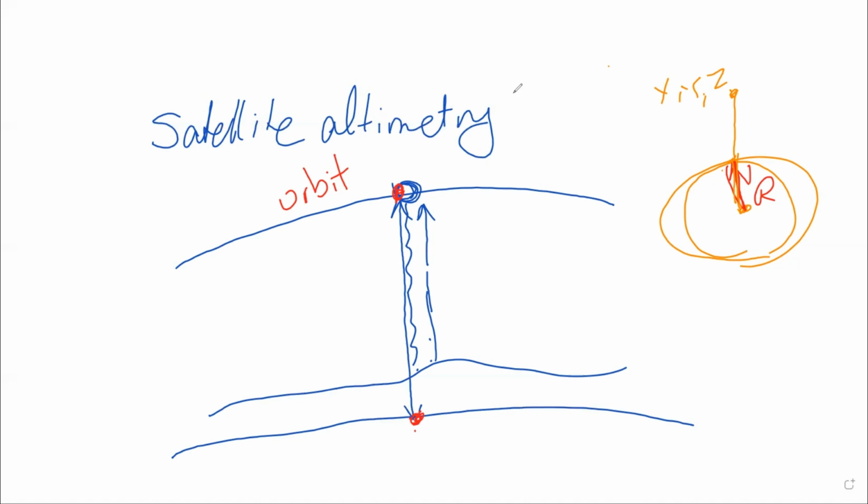Based on the geometry of the ellipsoid, it is easy to find how far the satellite is from the ellipsoid. That's clear. So I can simply say that the geodetic height, geodetic meaning height from the ellipsoid, is known.